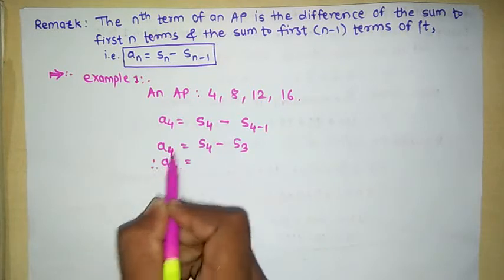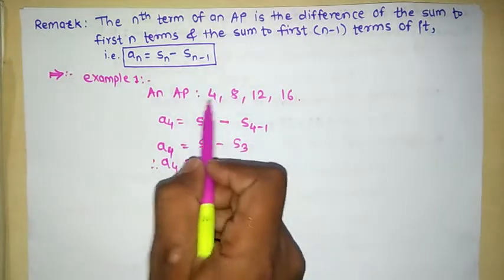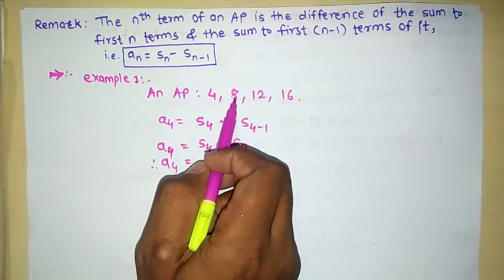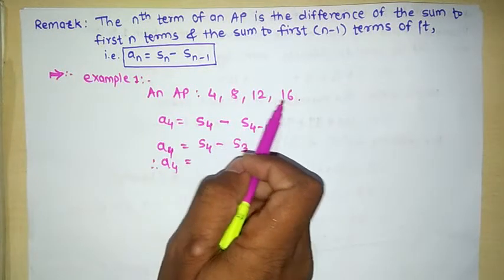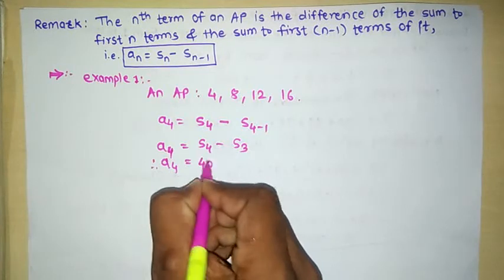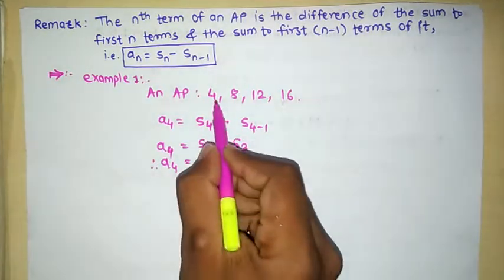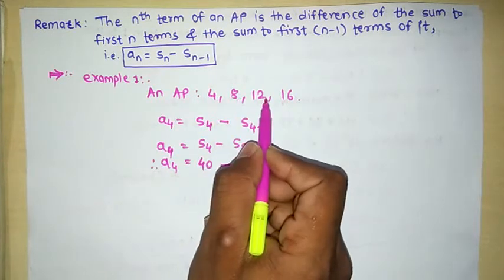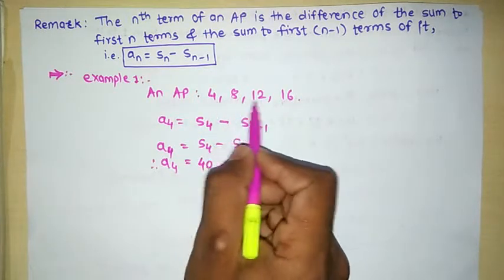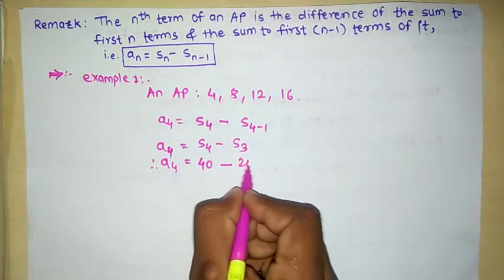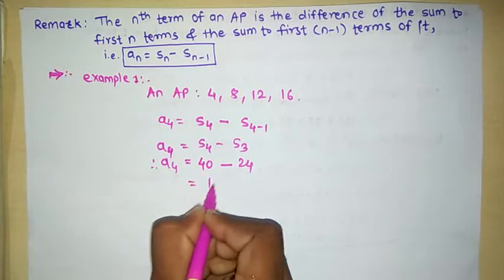Therefore, what is the sum of the 4 terms? I will check directly here. You can use the formula to calculate the sum also. 4 plus 8 is equal to 12, 12 plus 12 is 24, 24 plus 16 is equal to 40. The sum of the first 4 terms is 40, minus the sum of the first 3 terms. 4 plus 8 is 12, 12 plus 12 is 24. This is the sum of the first 3 terms, which is equal to 24. 40 minus 24 is equal to 16.